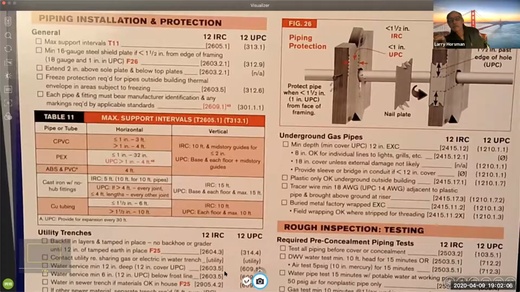The second column is when the pipe is being run horizontal, and horizontal means it's not more than 45 degrees from horizontal. If it's more than 45 degrees from horizontal, it becomes vertical by definition. But vertically, the support requirements are somewhat different than they are for horizontal pipe.